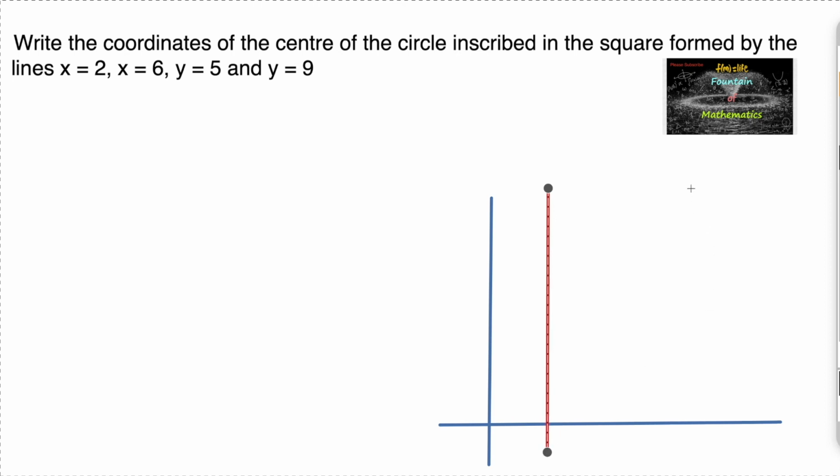Say this is a line x is equal to 2 and another line x is equal to 6. X is equal to 2 and x is equal to 6, these two lines, and y is equal to 5 and y is equal to 9 perpendicular to these lines.